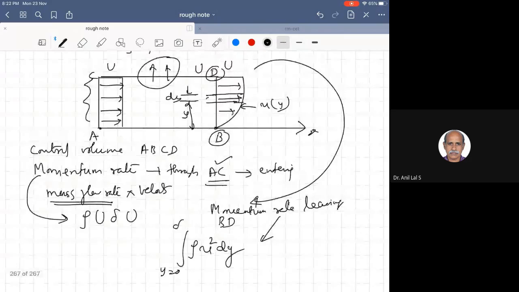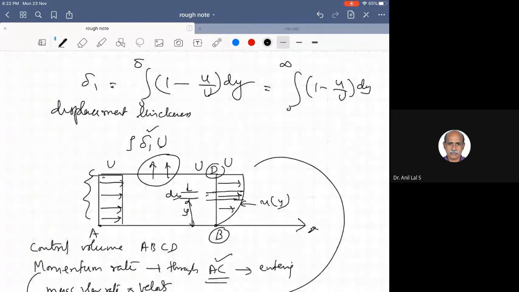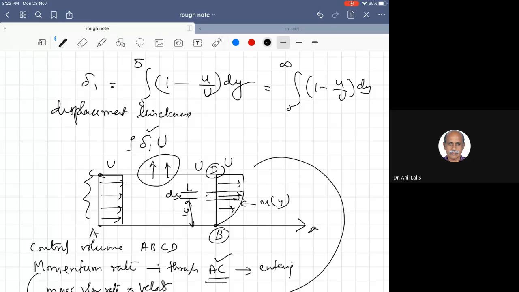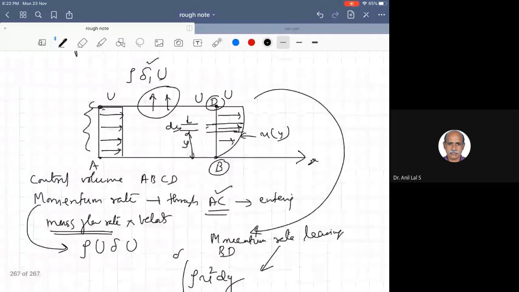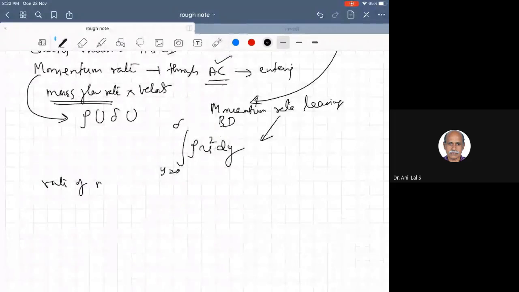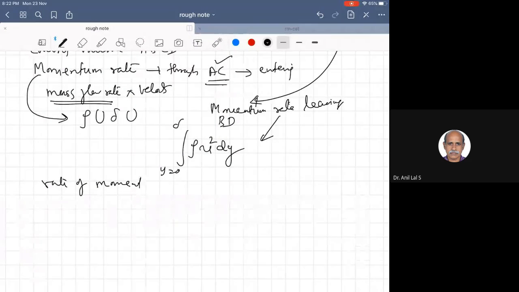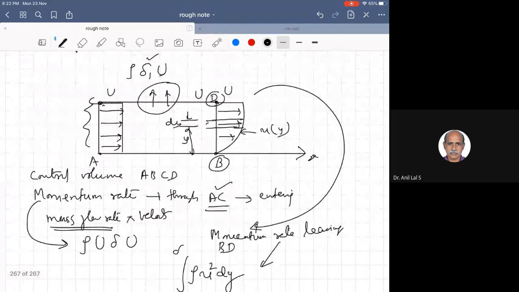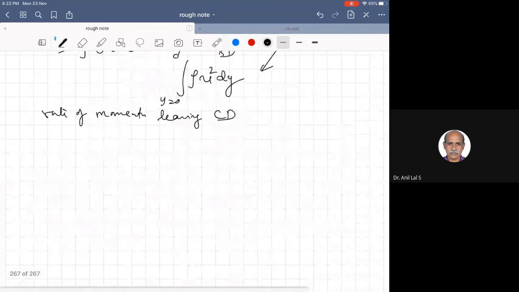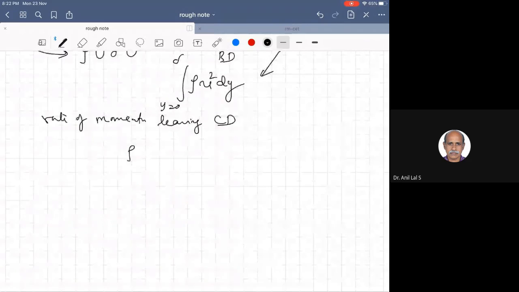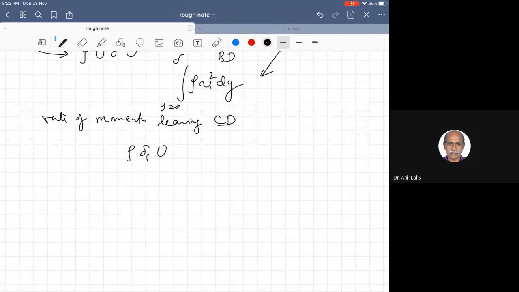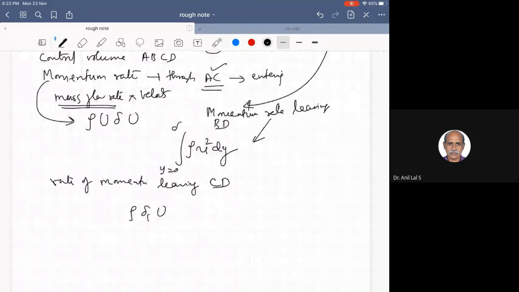Now there is also momentum leaving CD, which is the top edge. The rate of momentum leaving CD: the mass flow rate is rho delta 1 U, and the velocity is the same as U, because everywhere the velocity is the potential velocity.